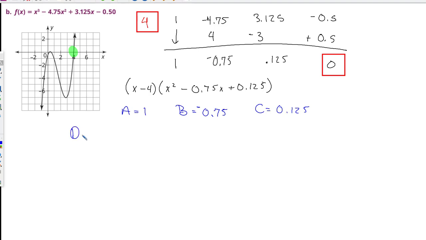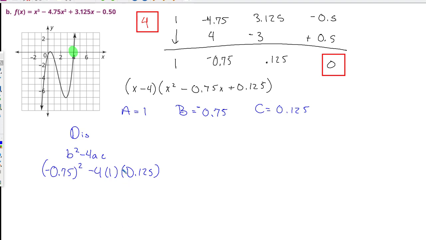And so my discriminant is b squared minus 4ac. So negative 75 hundredths squared minus 4 times 1 times 125 thousandths.